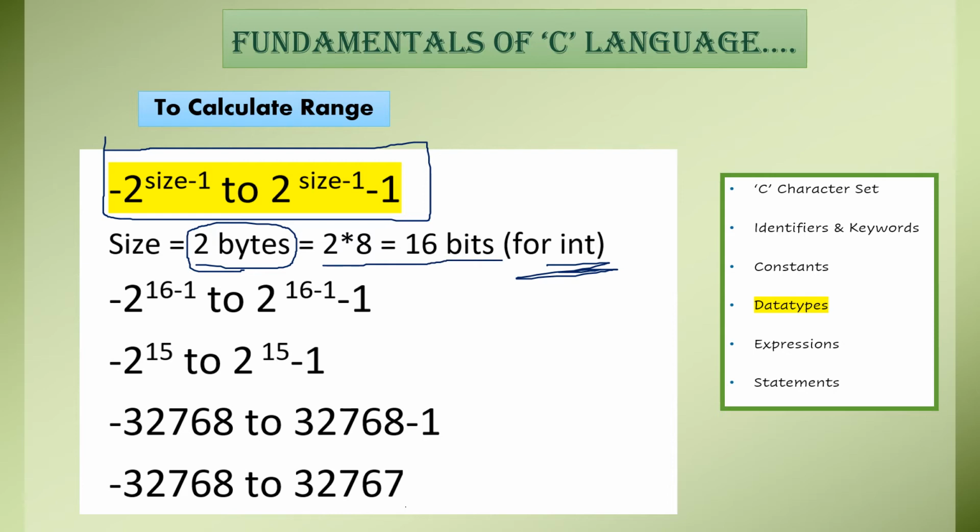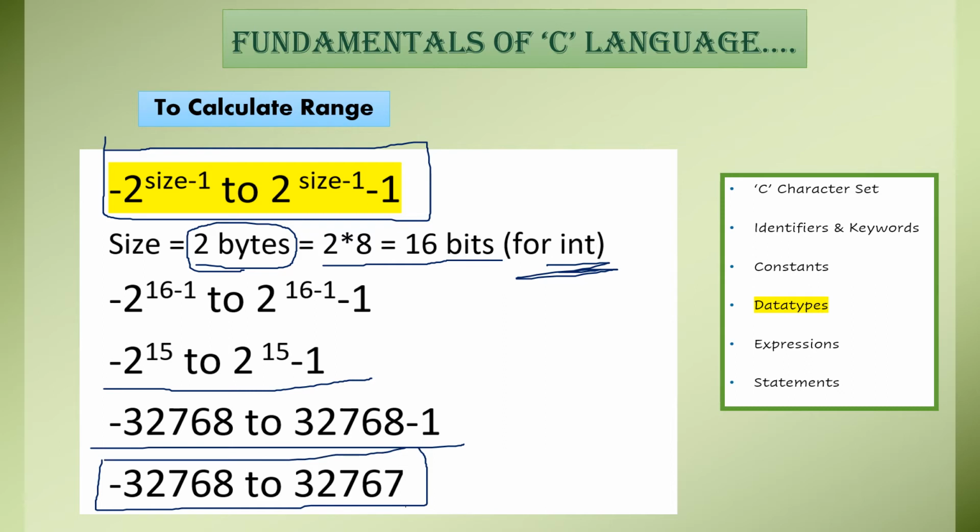So it would be minus 2 raised to power 16 minus 1 to 2 raised to power 16 minus 1, minus 1. That means minus 2 raised to power 15 to 2 raised to power 15 minus 1. And when we calculate 2 raised to power 15, it comes out to be 32,768. So this is the final range. That means whenever you are going to enter any value of int type, it must lie between this.